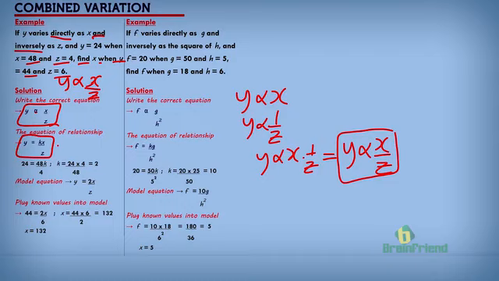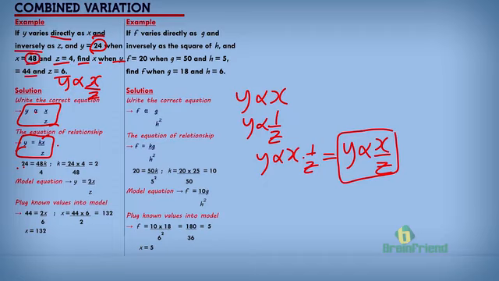So if we need to find a value for k, we can easily input the known values of y, x, and z, and then we'll find k. Let's do that quickly. Y has been given to us as 24. So we input 24. X has been given to us as 48.